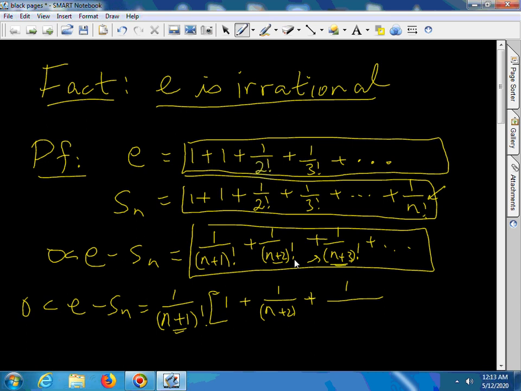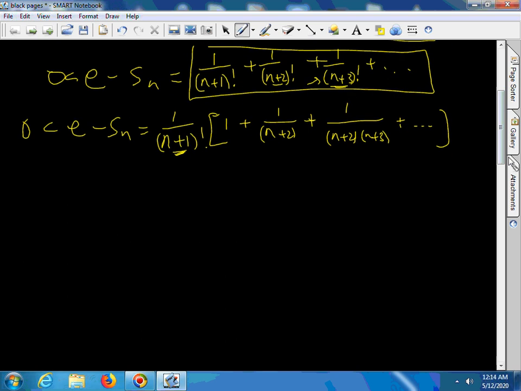This goes up to n plus 3 factorial, but I only have up to n plus 1 factorial. So I have to have n plus 2 times n plus 3. This is going to happen forever. So 0 is less than e minus s sub n.